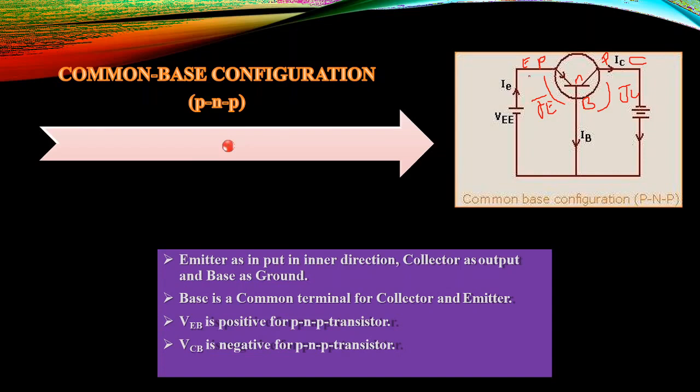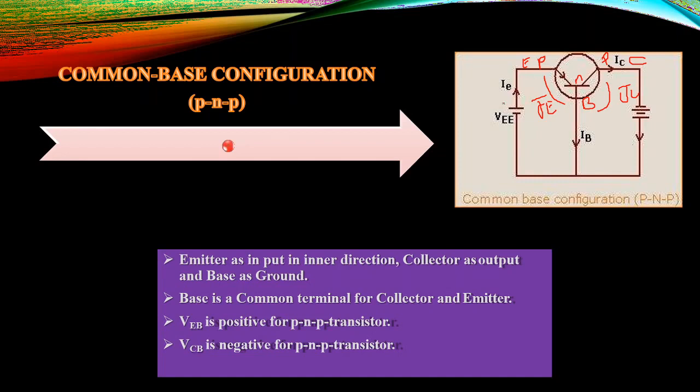For the p-type material, to make forward bias we connect the positive terminal of the battery. And to make the collector of p-type reverse biased, we connect the negative terminal of the battery. So JE will be forward biased and JC will be reverse biased. So it is operating in active mode.